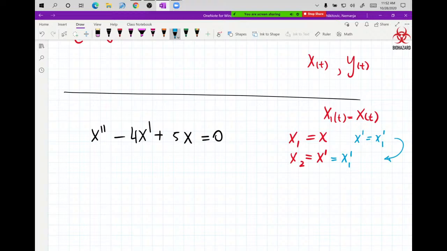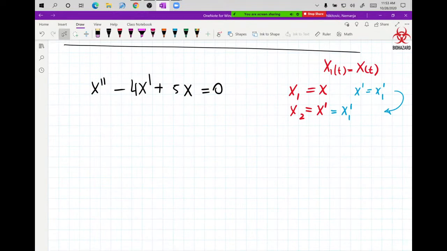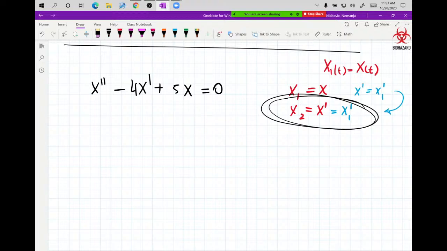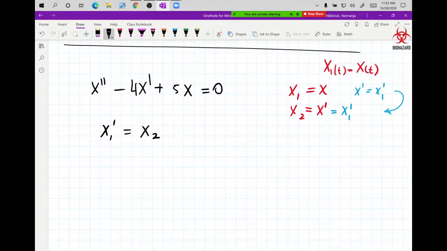Everything has to be x1 and x2 because we are converting the x system into the coupled system that will only have x1s and x2s. So now, armed with this equation over here, I have my first equation, x1 prime is equal to x2. And the question is now, what is x2 prime equal to?